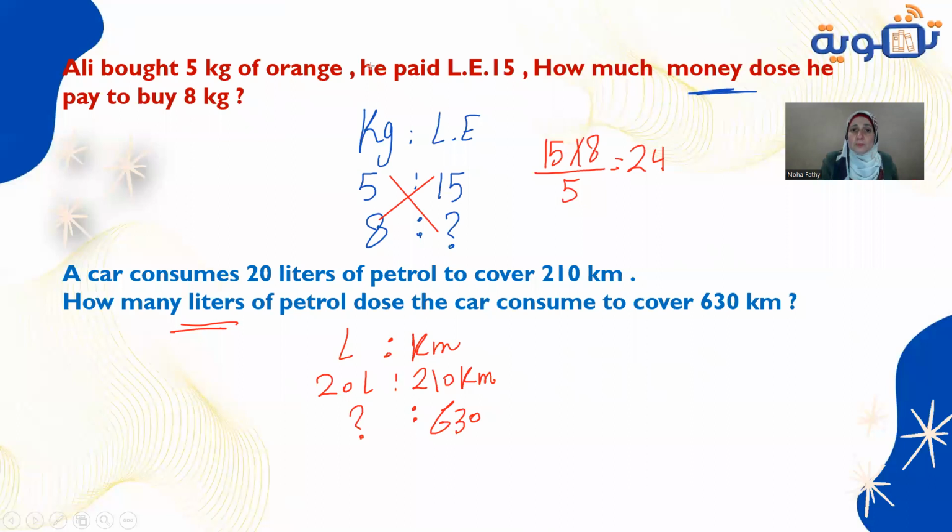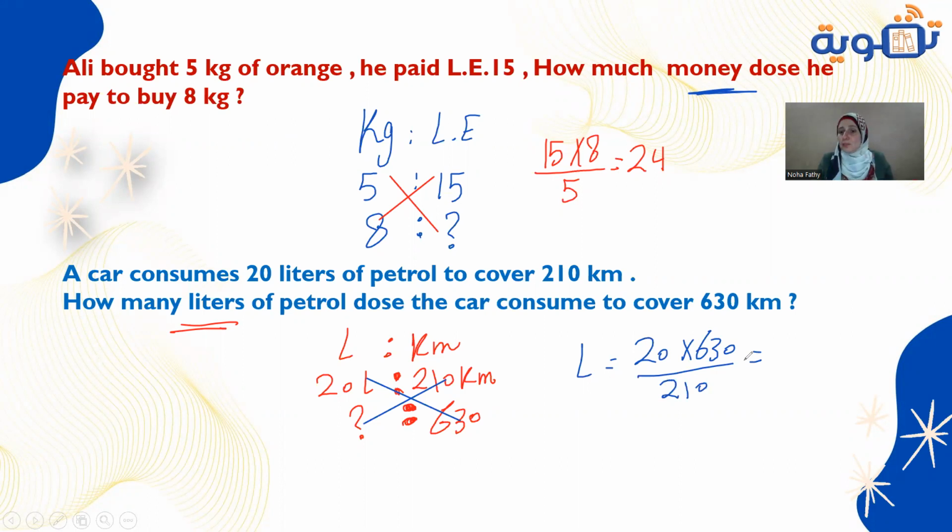Here we have a ratio. Then I will make cross multiplication to find how many liters. So equals 20 times 630 divided by 210. Then the liters equal 60 liters.